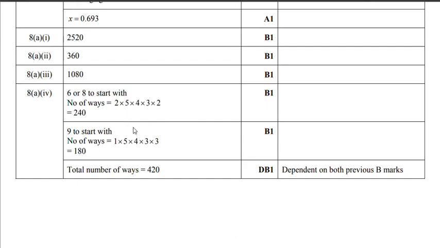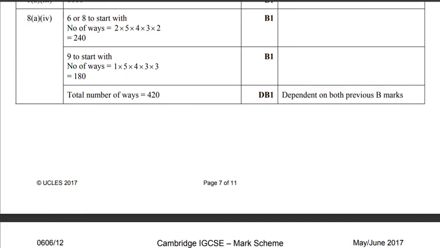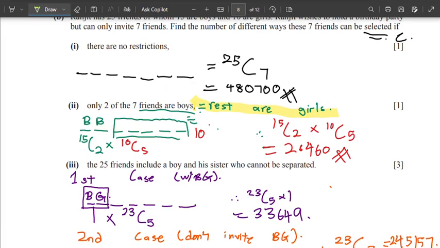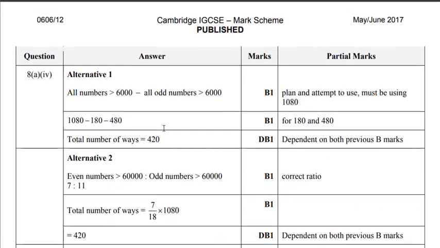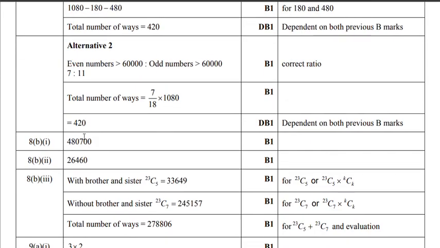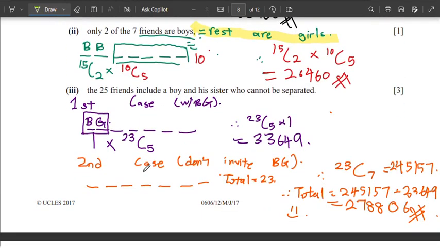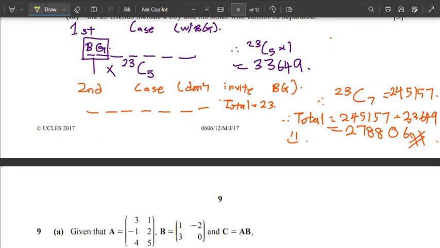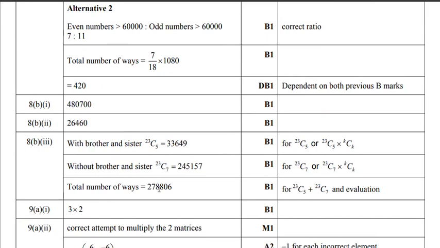In IGCSE you will accept that. Alright, let's go to the back one. 48070. The second one is alright, and then the last one, they did exactly like how I expected, without and with.